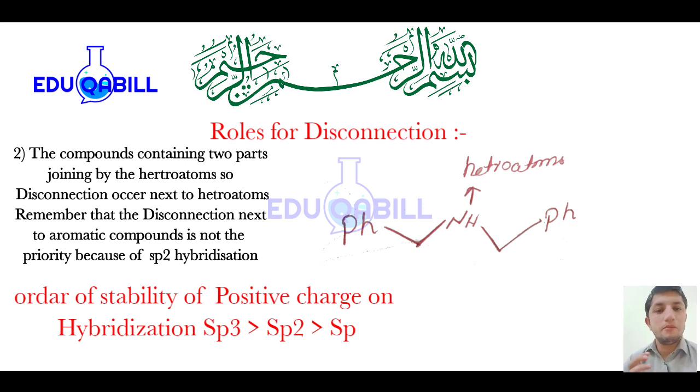So a positive charge on sp is unstable; on sp2 it is also unstable but less so than sp; on sp3 it is more stable than sp2 and sp.